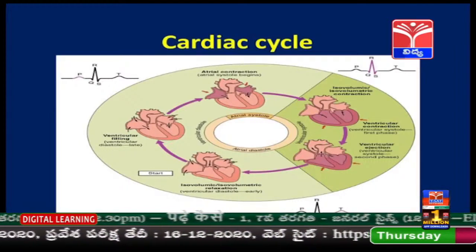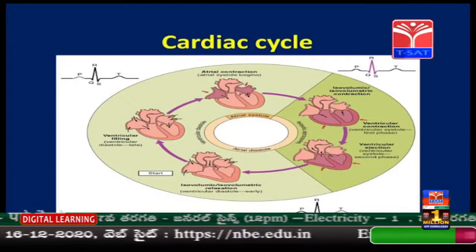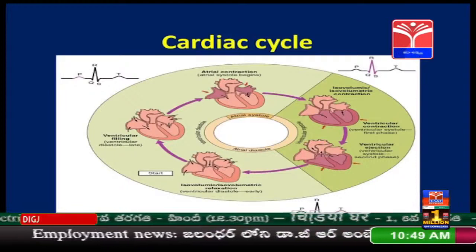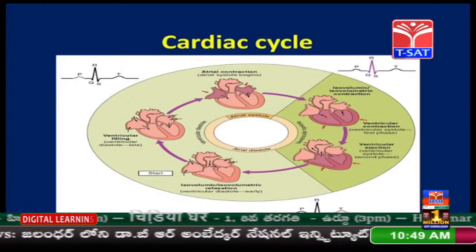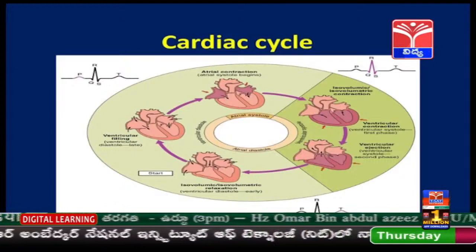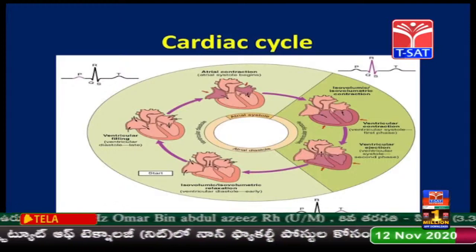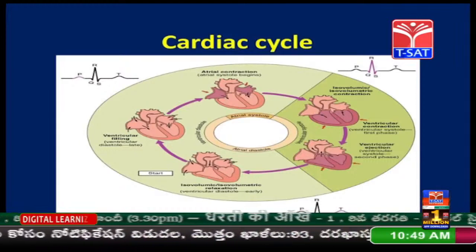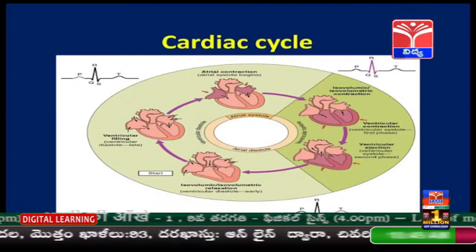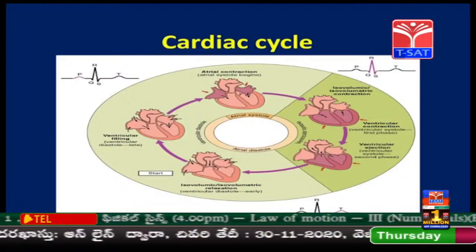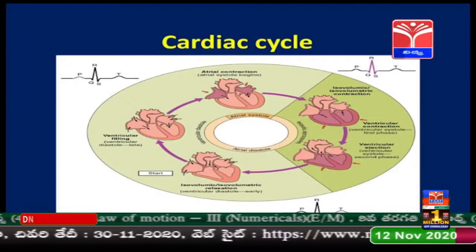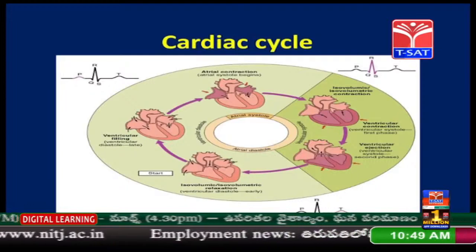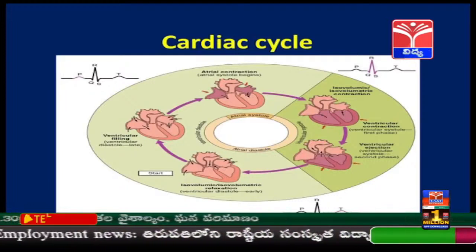In a diastolic phase, the heart chambers are in a state of relaxation and fill with blood. In a systolic phase, the heart chambers are contracting and pump the blood. Both the atria and ventricles undergo alternating states of systole and diastole. In other words, when the atria are in diastole, the ventricles are in systole and vice versa.